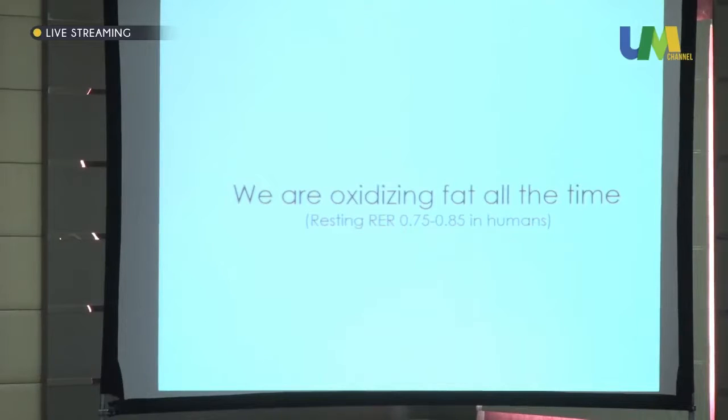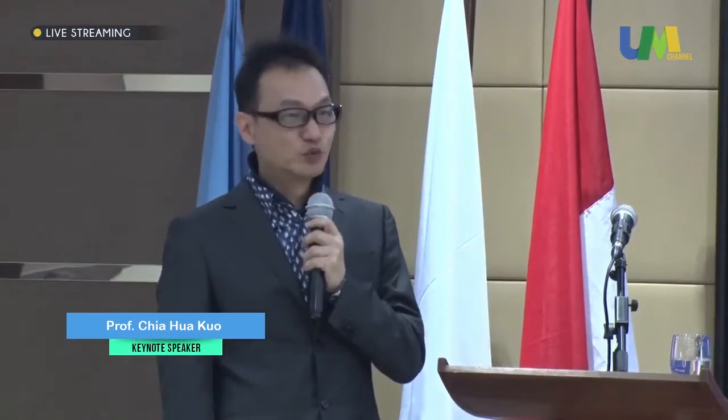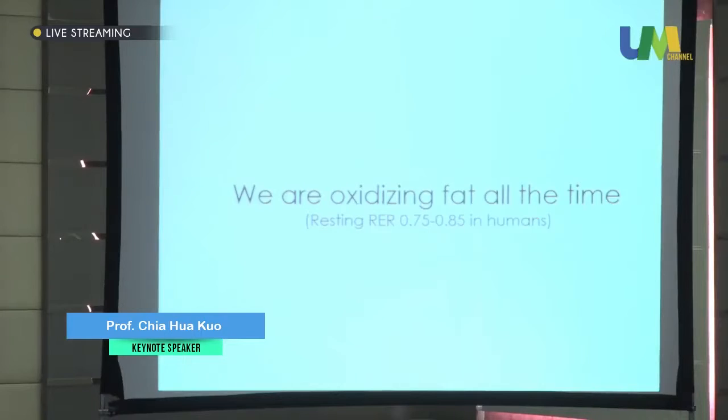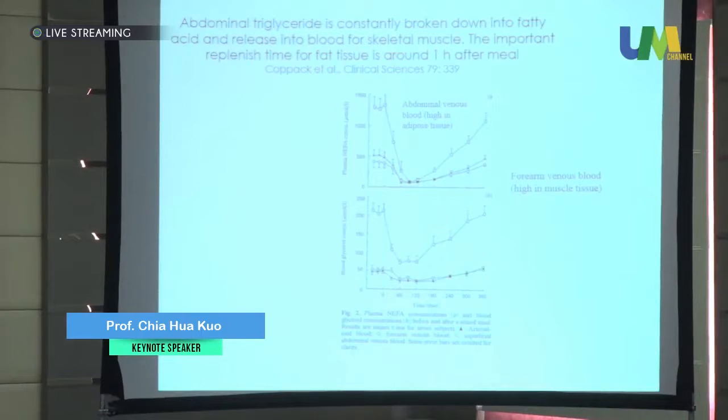If you measure your resting RER, you will find that most young people are located around 0.85. For older people, it's very close to 0.7. So what does it mean? It means we are consuming fat all the time.